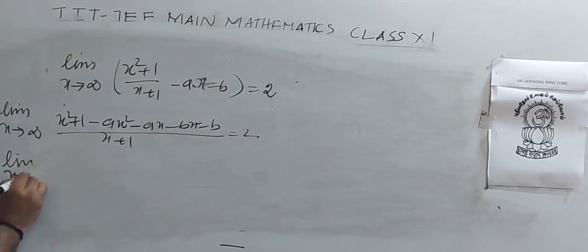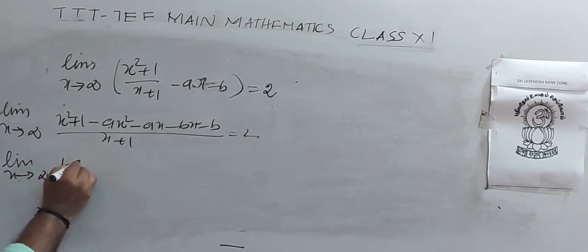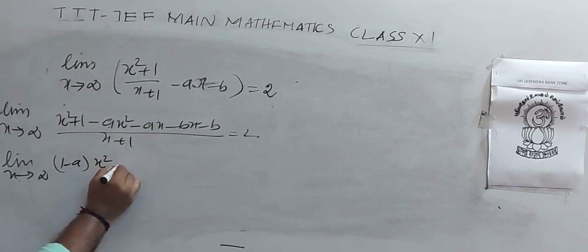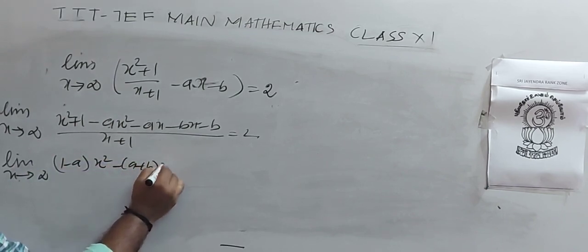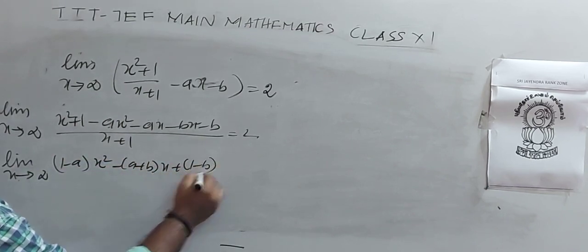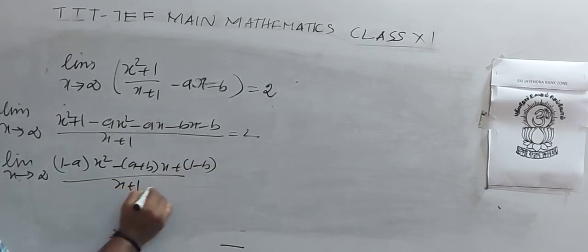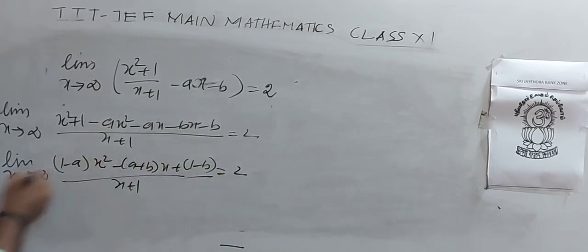The limit as x tends to infinity of ((1 − a)x² − (a + b)x + 1 − b)/(x + 1) equals 2. This is a finite limit.